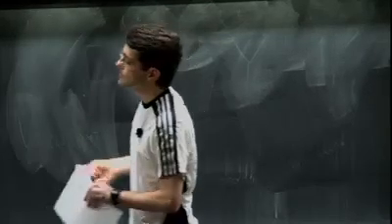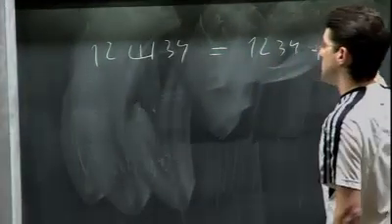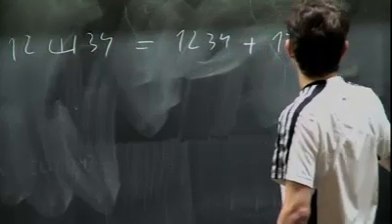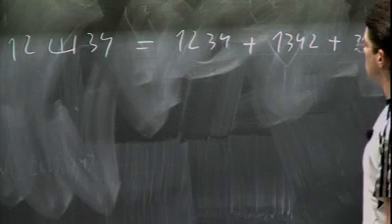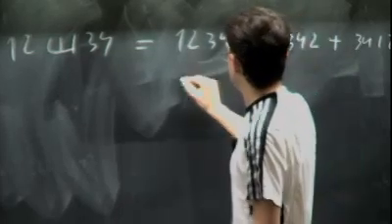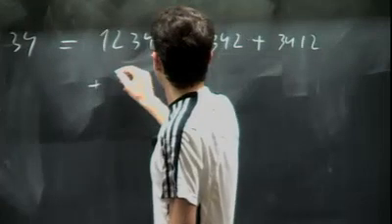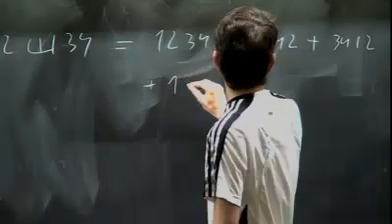Let's just do one example: 1, 2 shuffle 3, 4. That's 1, 2, 3, 4 plus 1, 3, 4, 2 plus 3, 4, 1, 2. I simply move the 3, 4 right there.